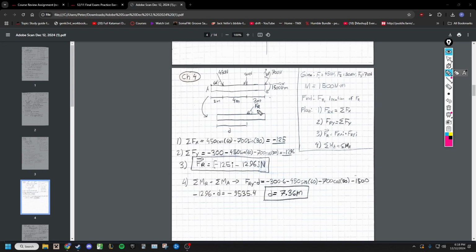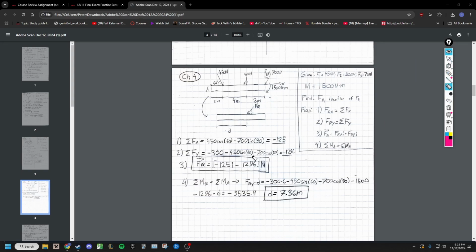So to find F_R, we will first sum all the x forces, which would just be this times the cosine 60, this times the sine of 30, and we find that that equals 125 newtons. Let's write that down here. Then we sum all the y components of each vector, and we see that equals negative 1296 newtons.